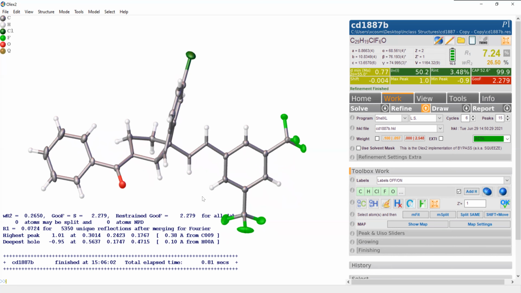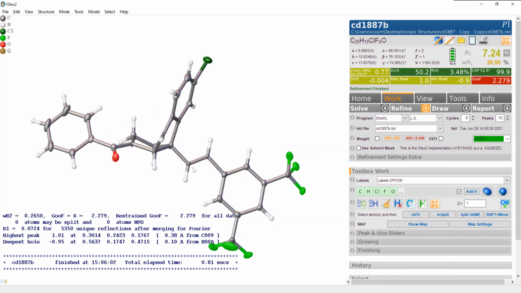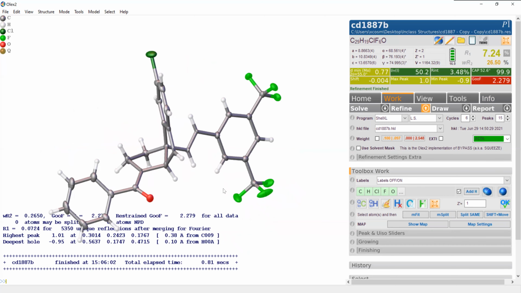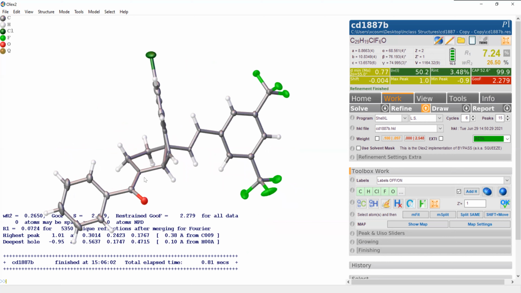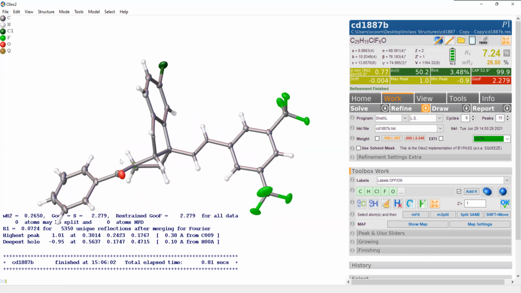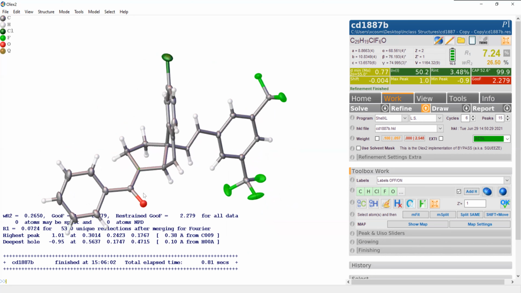So one thing I want to mention here is if we look at this structure, you may notice, for example, this atom here, this is a carbon atom, but it has a very, very small thermal ellipsoid.